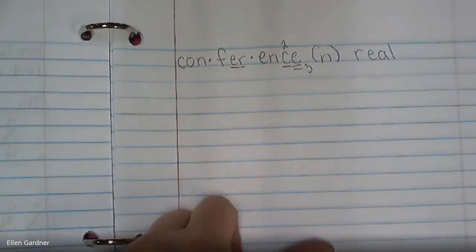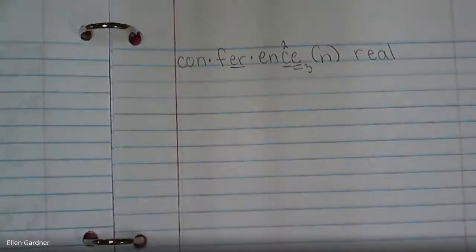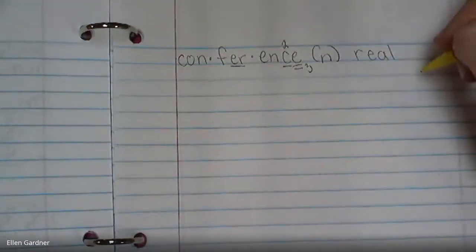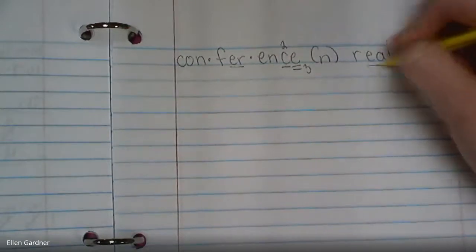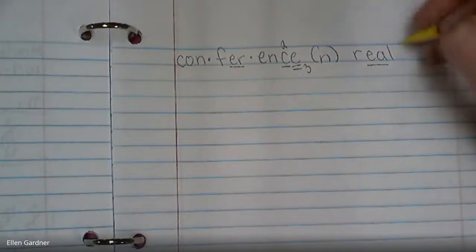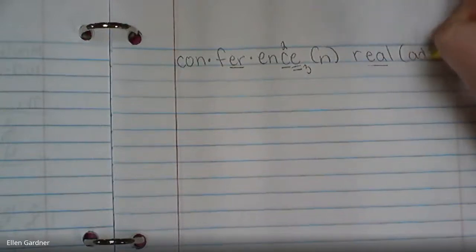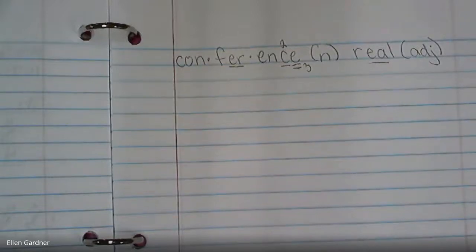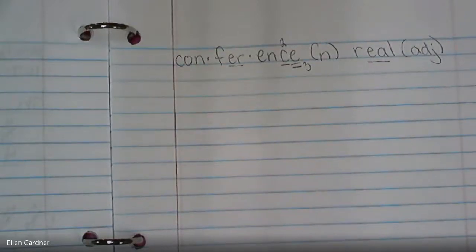R-E-O, real. You got it right. Great job if so. Okay. So real. We only have one marking. E-A. This word is an adjective. Okay. That's all pretty easy. Pretty easy, right?